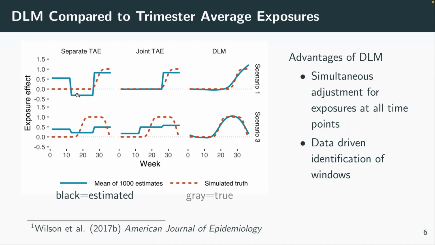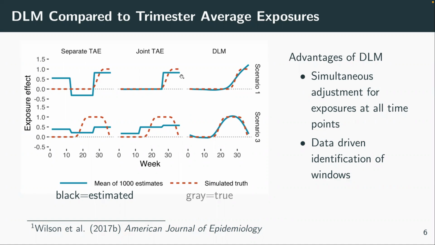And then this solid line is the average estimate across 1,000 replicate data sets in a simulation. If we look at these, this column here is a distributed lag model, and it does pretty good at approximating the true underlying exposure response function.